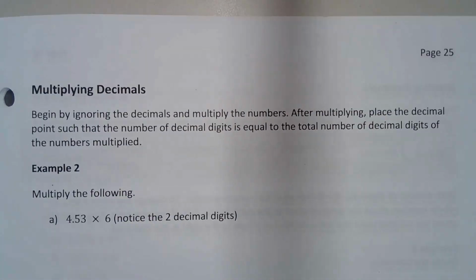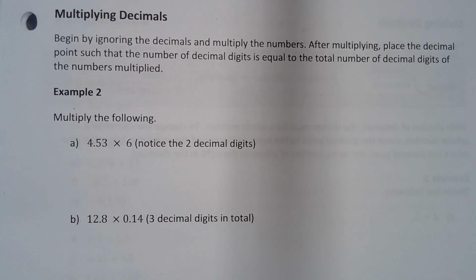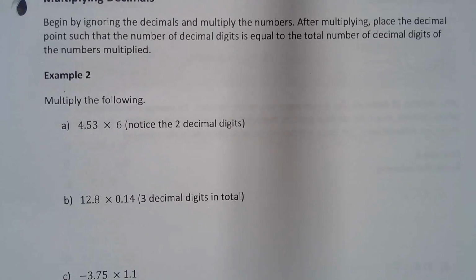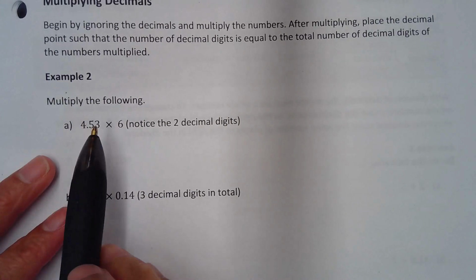Multiplying. How did we multiply? Begin by ignoring the decimals and multiply the numbers. After multiplying, place a decimal point so that the number of decimal digits is equal to the number of decimal digits in the numbers multiplied.